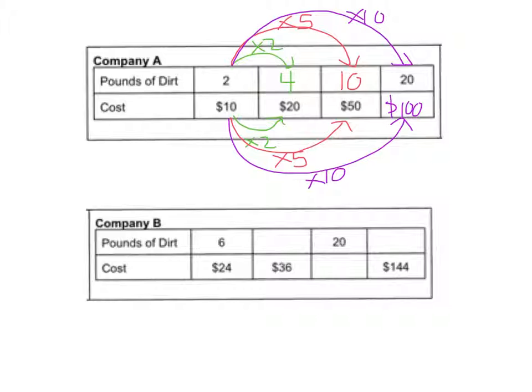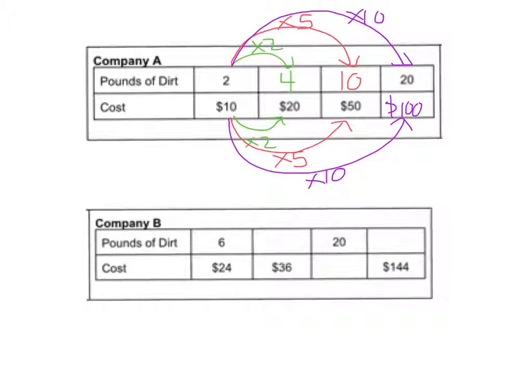Now I could have also seen here how do I get from 4 to 20, or 10 to 20. That way I could have just figured out 4 times 5, 20 times 5 will give me 100. Or 10 times 2 gives me 20, so 50 times 2 gives me 100. Doesn't matter which way, just as long as you know what your different ratio is.